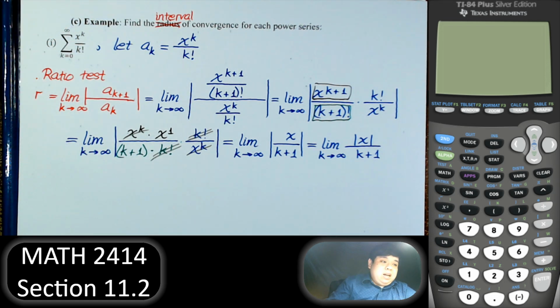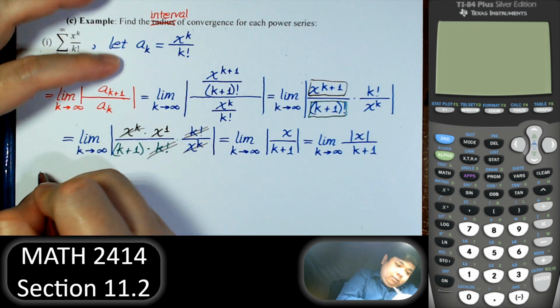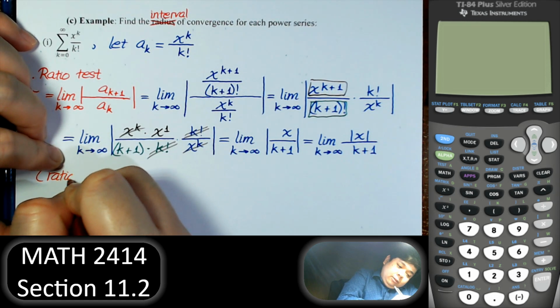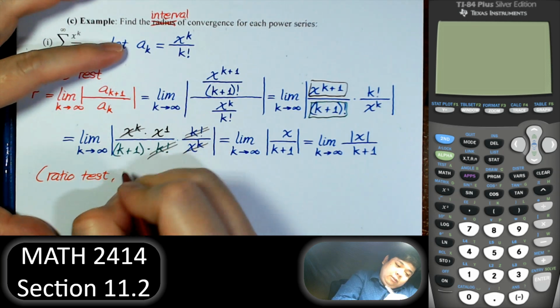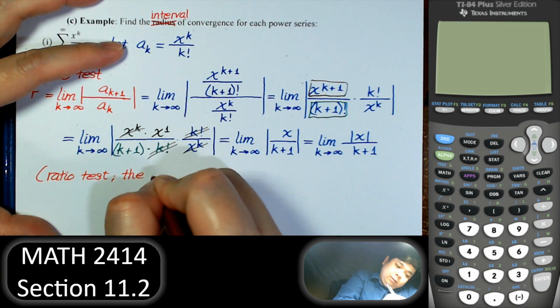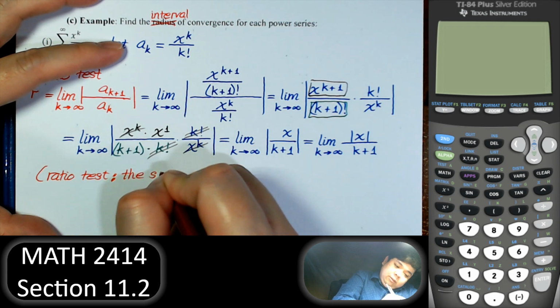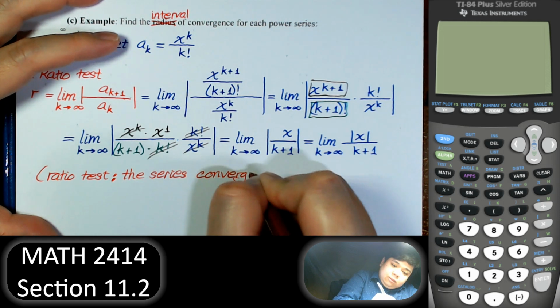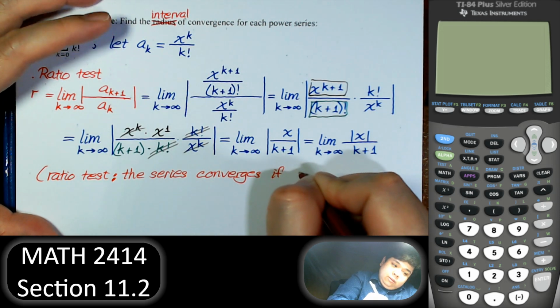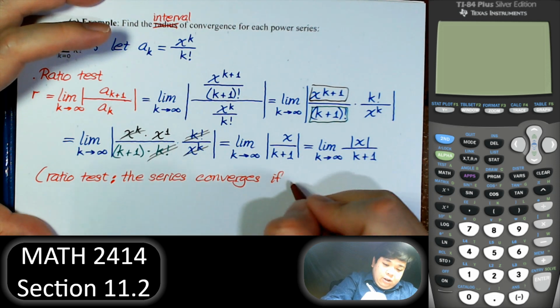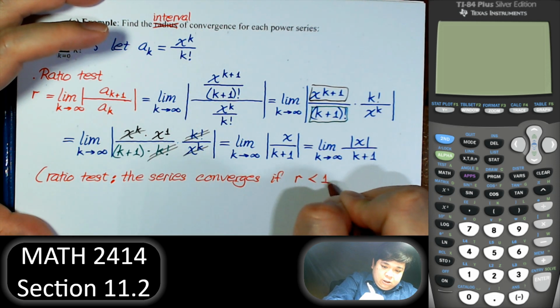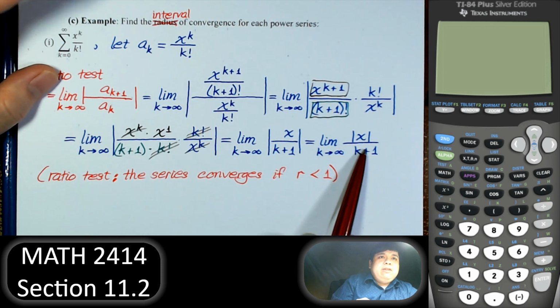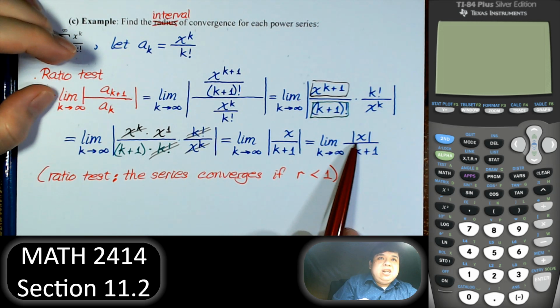Now the ratio test says that if R is less than 1, then the series is convergent. The series converges if R is less than 1. Now, if this is the series, is this less than 1?